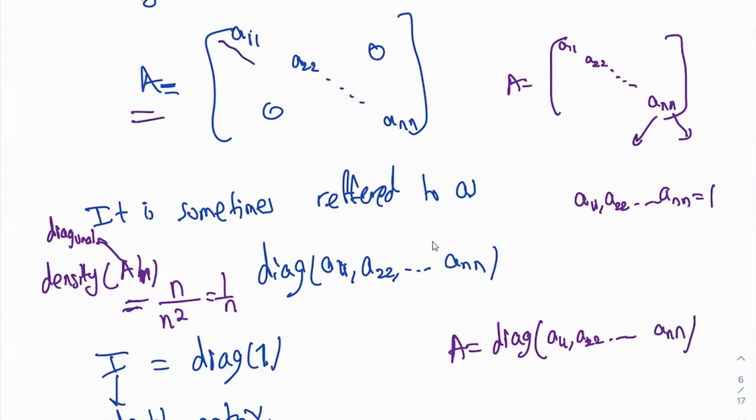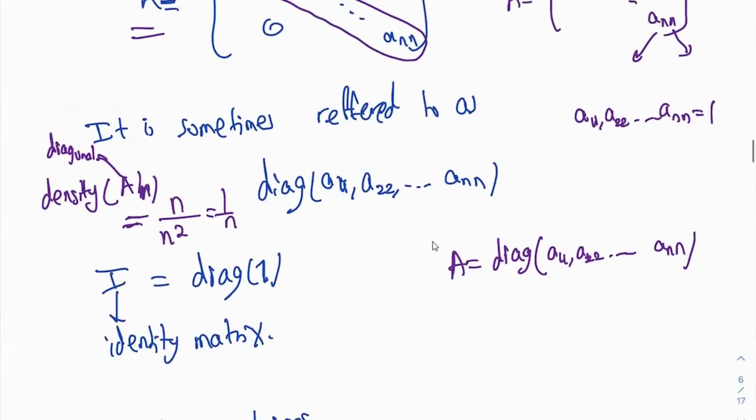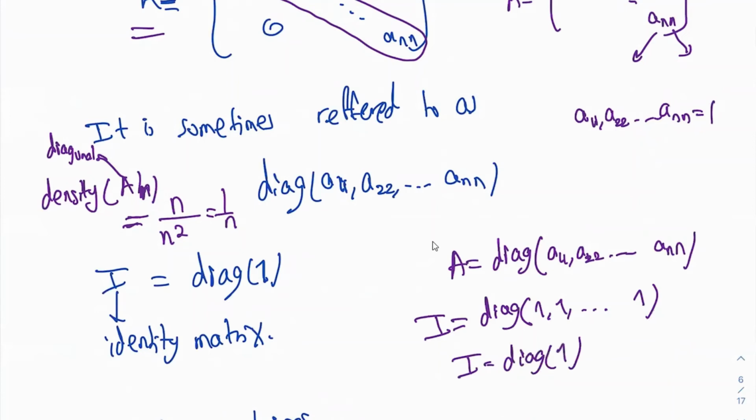So if you look at this matrix, we are talking about these elements because the rest of them are zero. We don't really care about them. Now, usually the identity matrix is defined as diag of 1, 1, all the way to 1, or simply diag of 1, if you know the dimension, I can recover that. So these are the different notations that we have when we define diagonal matrices.